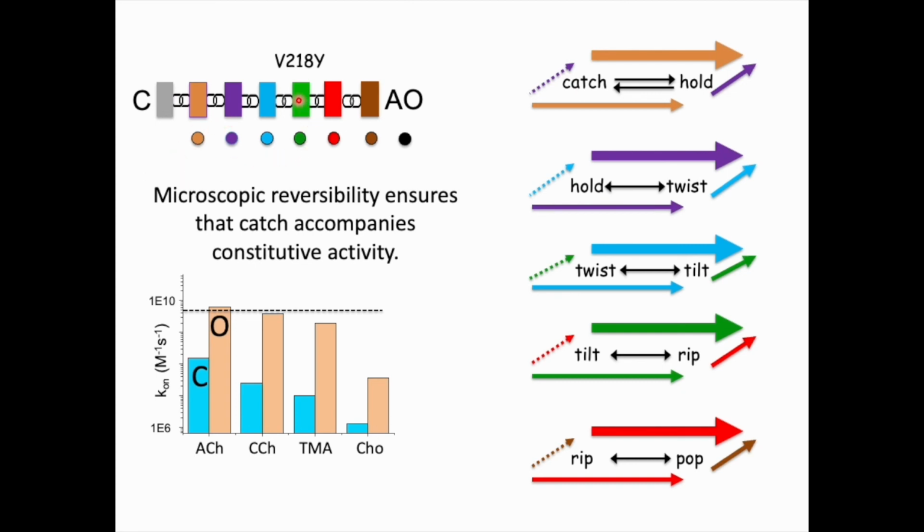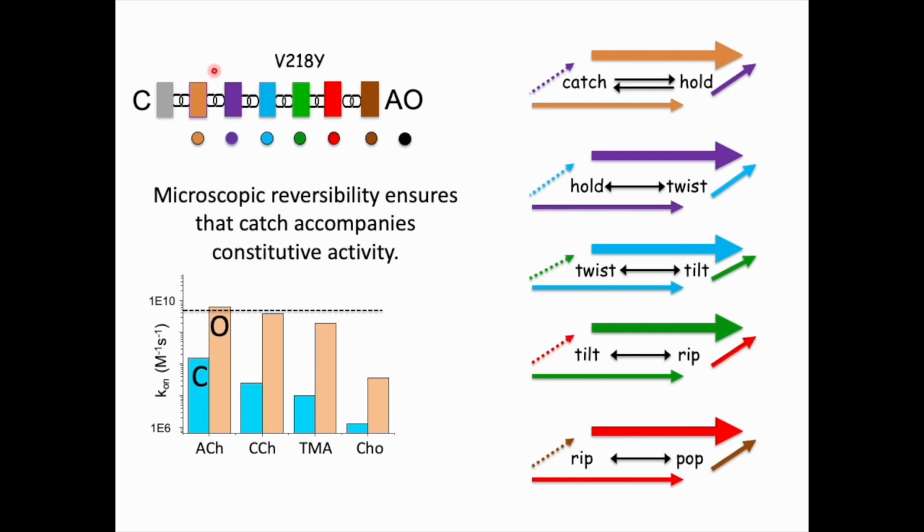So in this case, tilt promotes twist, promotes hold, promotes catch. So that's why when you make these mutations that cause constitutive activity, you are also promoting catch all the way across. So you cross. Everything to the right of this point is called gating, and everything to the left is called binding.